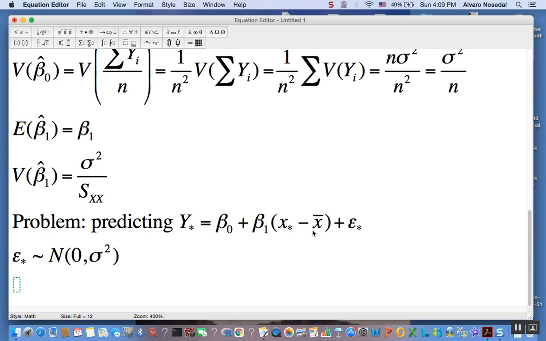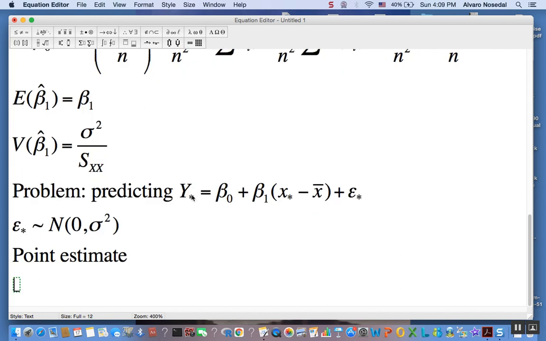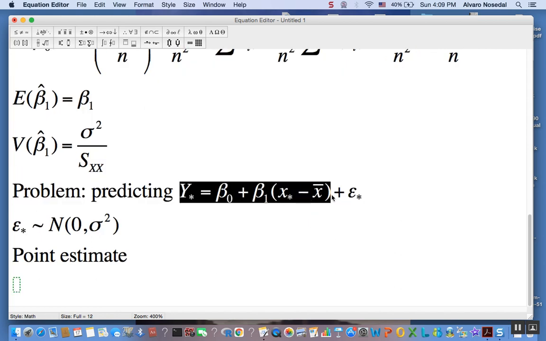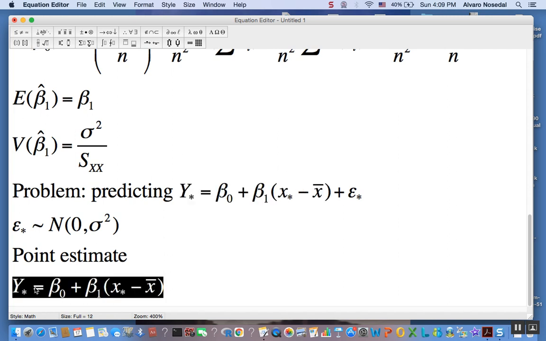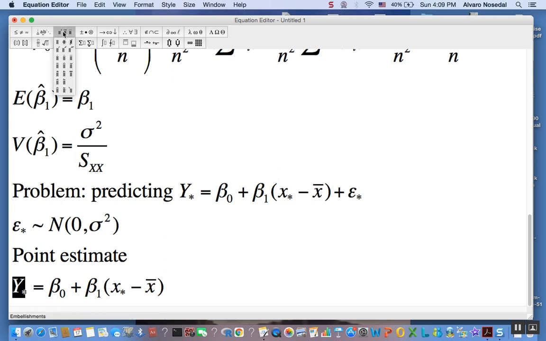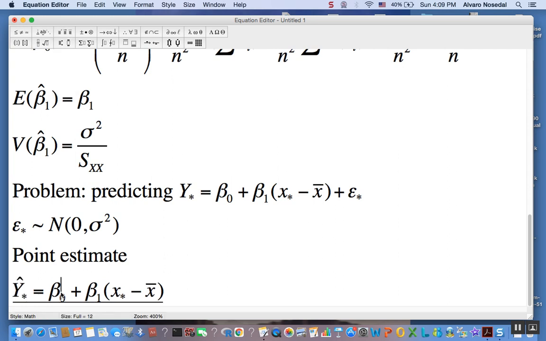So our point estimate, y star hat, will be beta hat 0 plus beta hat 1 times x star minus x bar.